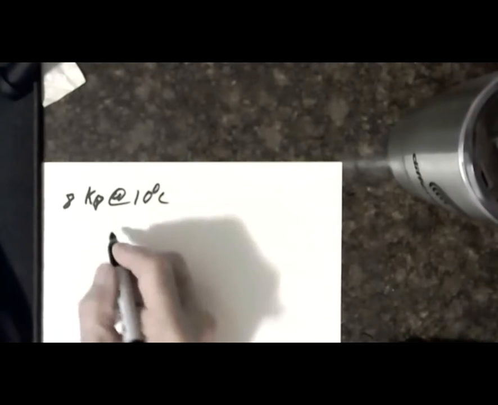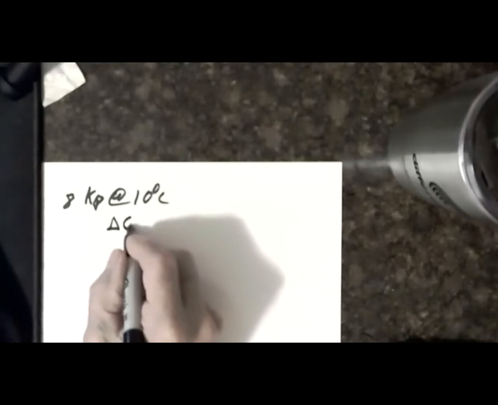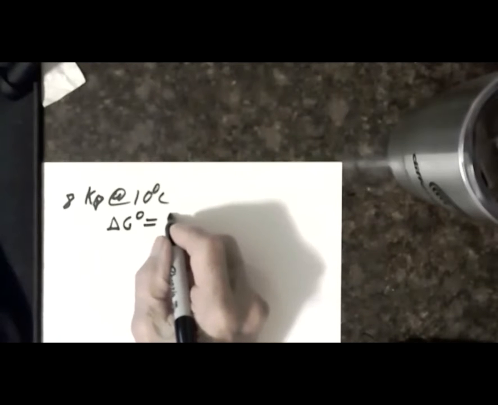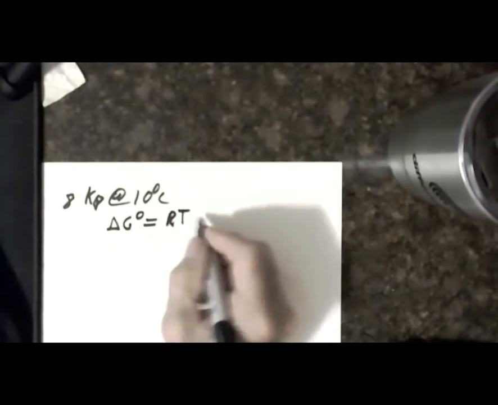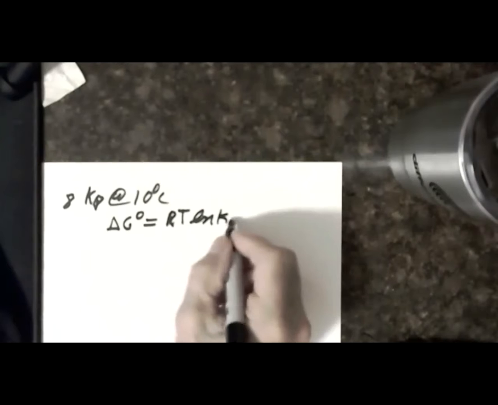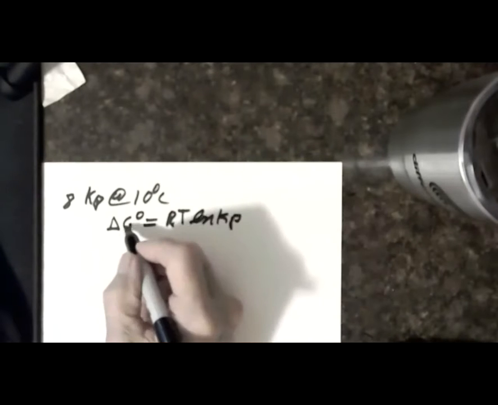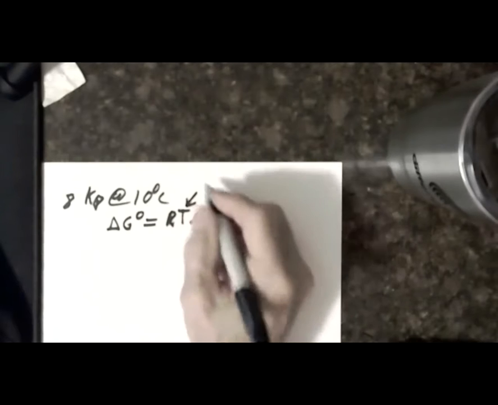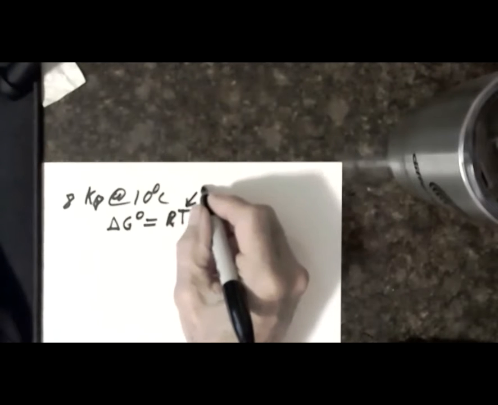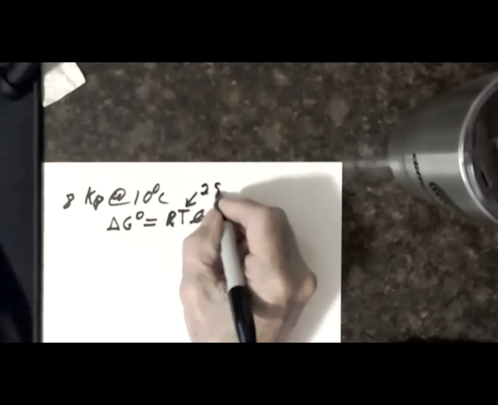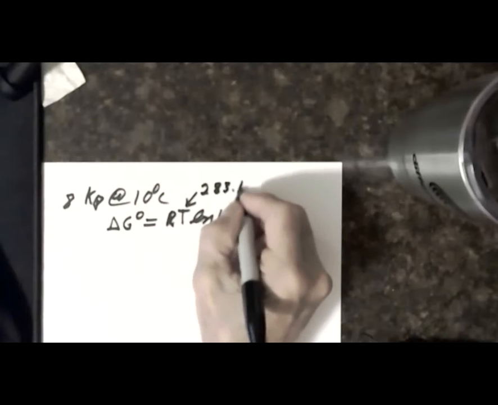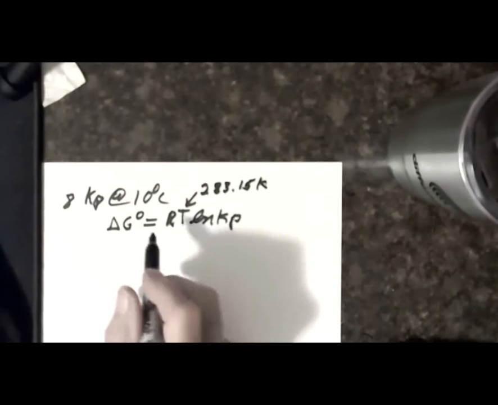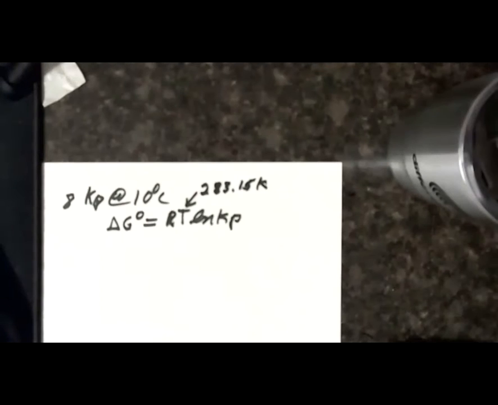The relationship, though, is delta G superscript is equal to RT ln of Kp. So if I knew delta G at, and now what I want in here is 10 degrees Celsius, that's going to be 283.15 Kelvin. So I need the delta G at that temperature, not the delta G at the table.